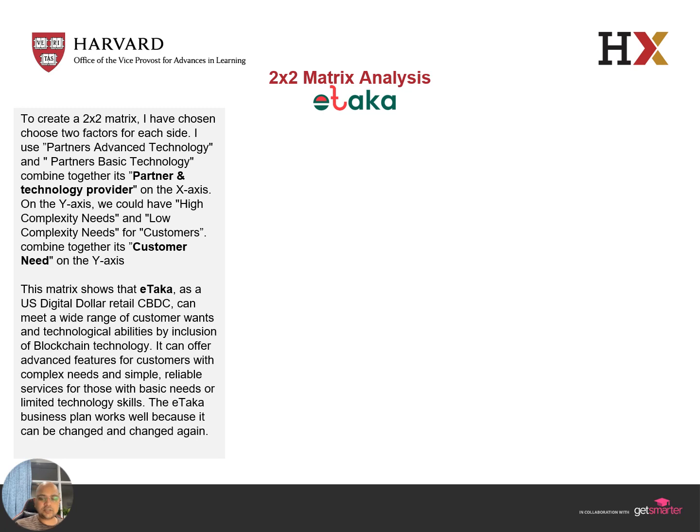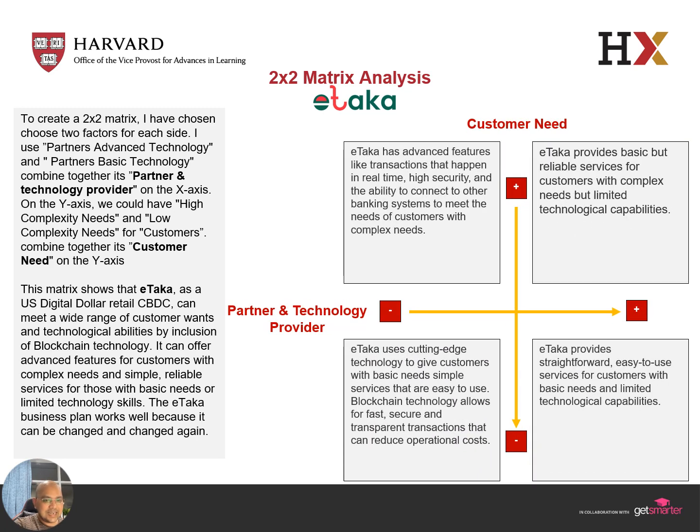This matrix shows that Ithaca as a US dollar retail CBDC can meet a wide range of customer wants, with technology abilities by inclusion of blockchain technology, the high end possibility. It can offer advanced features to customers with complex needs and simple, reliable services for those with basic needs or limited technology skill.